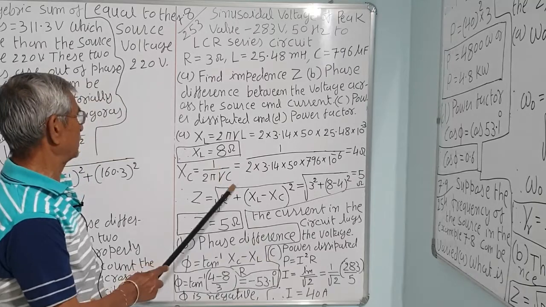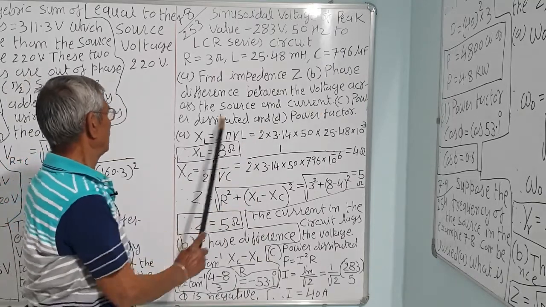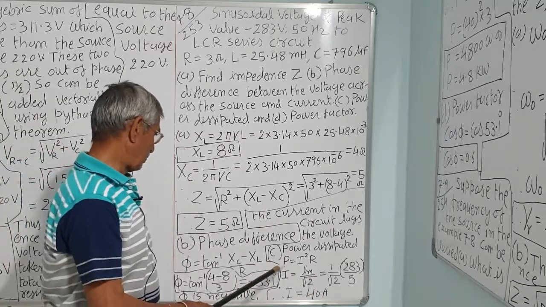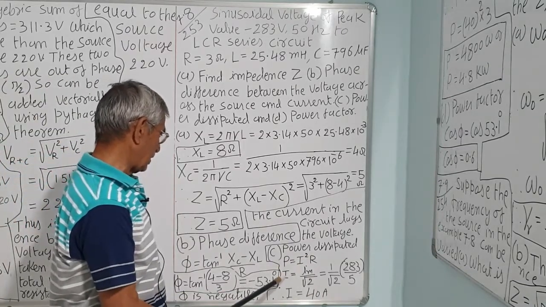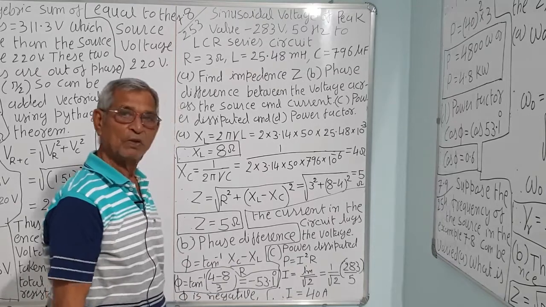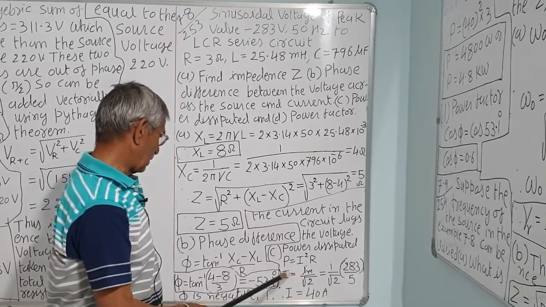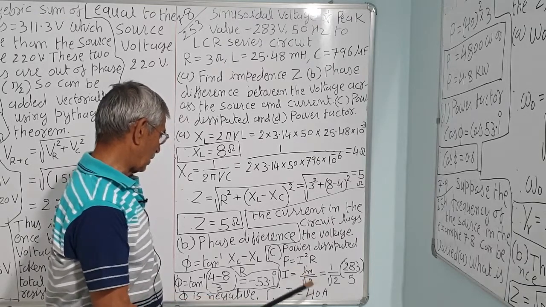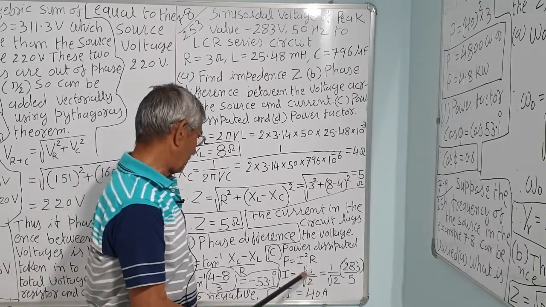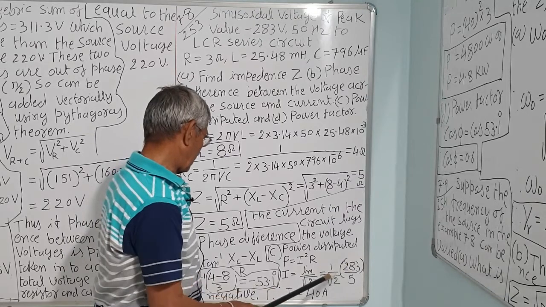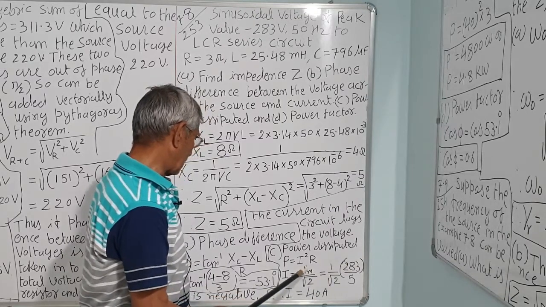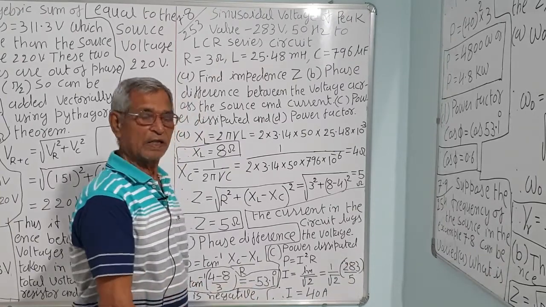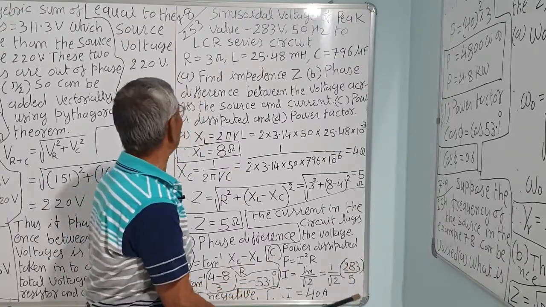Next one is C. Power dissipated, we know that power dissipated is I square R. P is I square R, and I is equal to I maximum upon under root 2. This is IRMS, so IRMS multiplied by root 2 is equal to I maximum. So I maximum is equal to voltage maximum upon impedance, that is 283 upon 5.